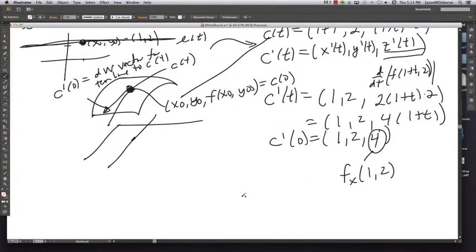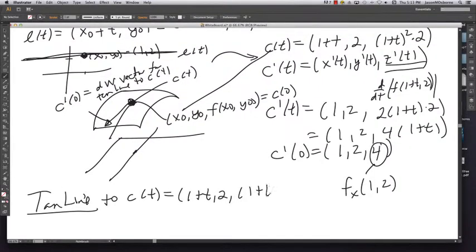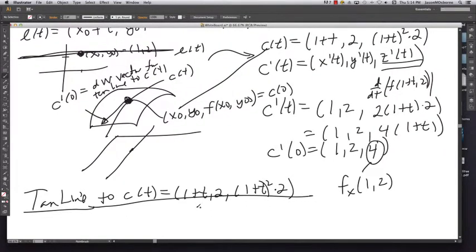By computations, I mean showing how this tangent line to the curve c of t, which in this case is 1 plus t comma 2 comma 1 plus t squared times 2, the tangent line to this curve at t equal to 0, otherwise known as the point p equal to 1 comma 2 comma 2.